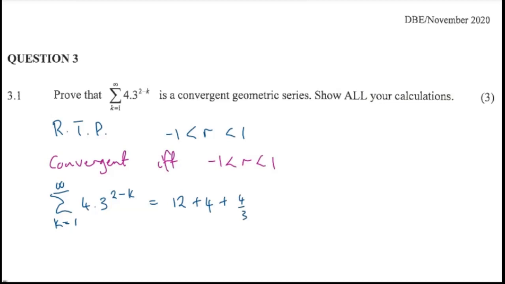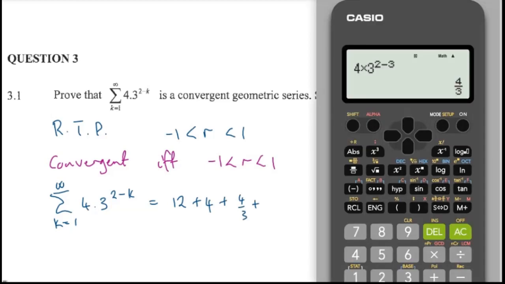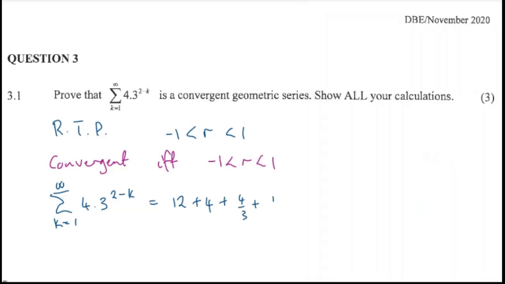Maybe we can find term number 4 quickly. So here's term number 4. Now remember, if you divide any two consecutive terms, you get your common ratio. So our common ratio can be this one, 4 divided by 12. If you simplify that fraction, it is 1 over 3, which definitely is less than 1.